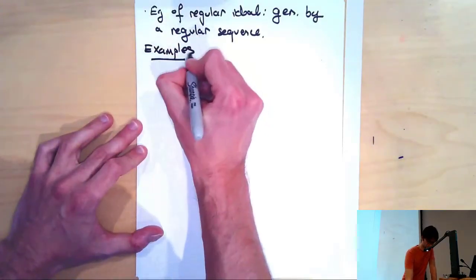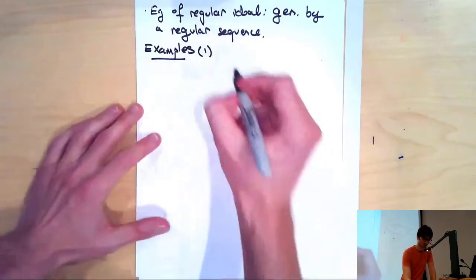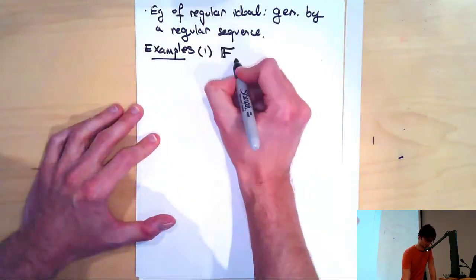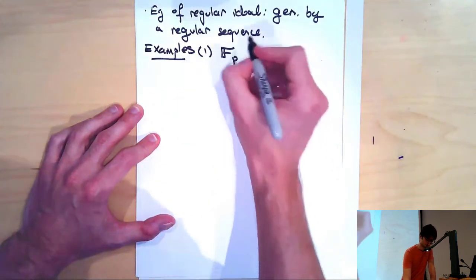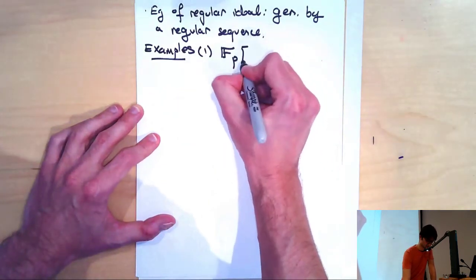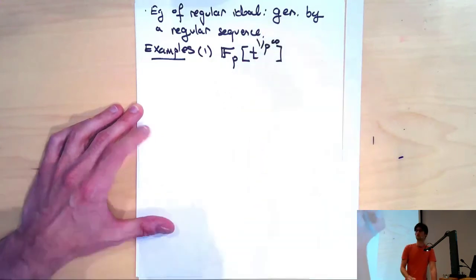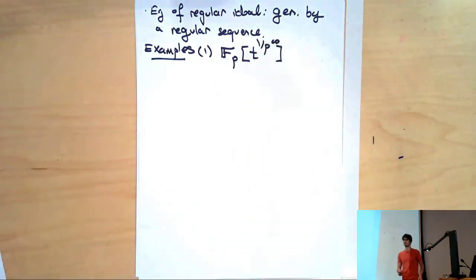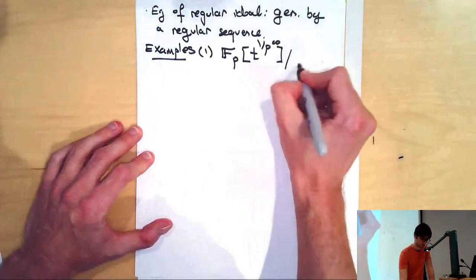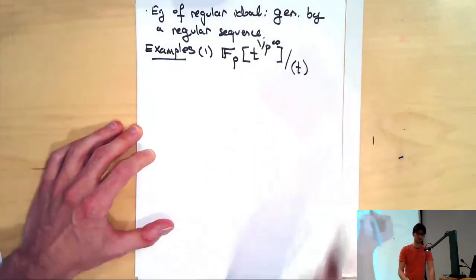So here are some examples of such things. The prototypical example: let's form the first non-trivial perfect FP algebra. I can look at FPT, and I can adjoin all p power roots of t. And then I can mod this out by the ideal generated by t.